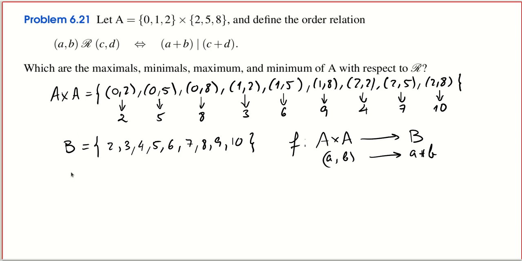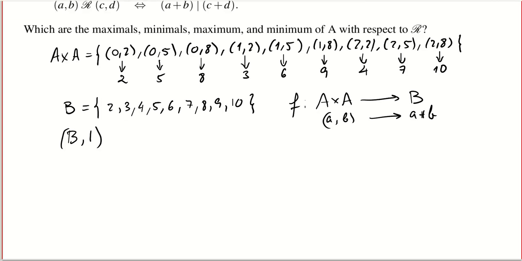Okay. So instead of dealing with this set, which might be more complicated, and given that in this set the order relation is just the division relation, we are going to use this set B, and then the conclusions that we get from here can be translated into the conclusions for this one. This is called an isomorphism, by the way.